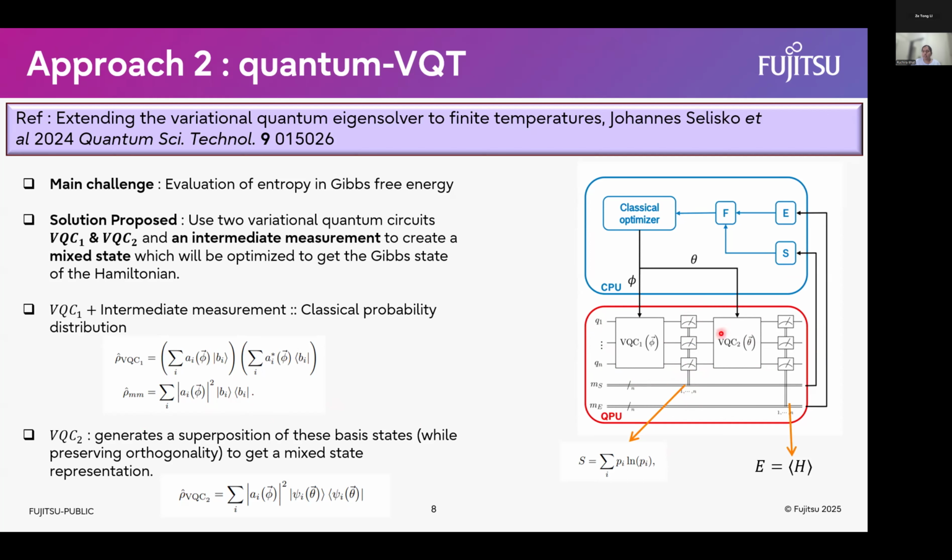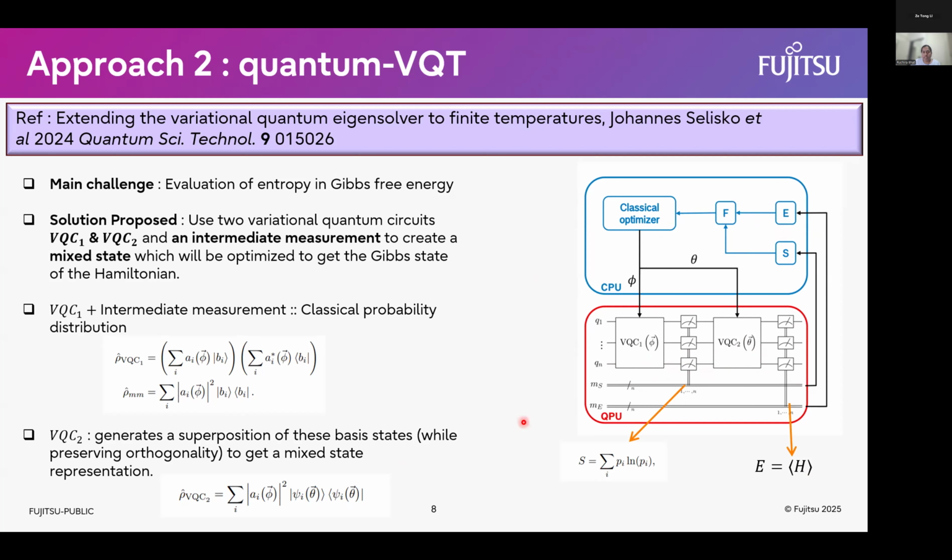The second variational quantum circuit creates a superposition of the basis states to get a mixed state representation similar to this. We evaluate the expectation value of the Hamiltonian at the end of the second variational quantum circuit. Together, this E and S give us the Gibbs free energy, which is then optimized using a classical optimizer, and we update the parameters of both quantum circuits.